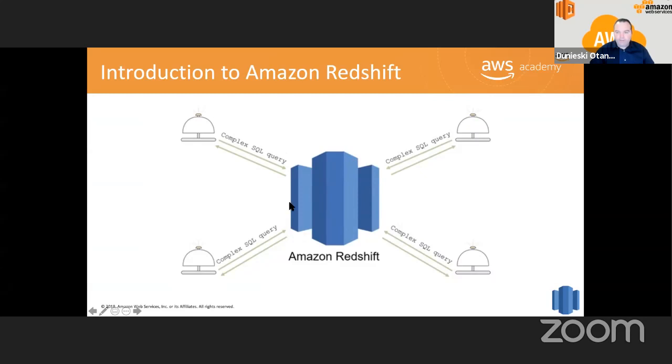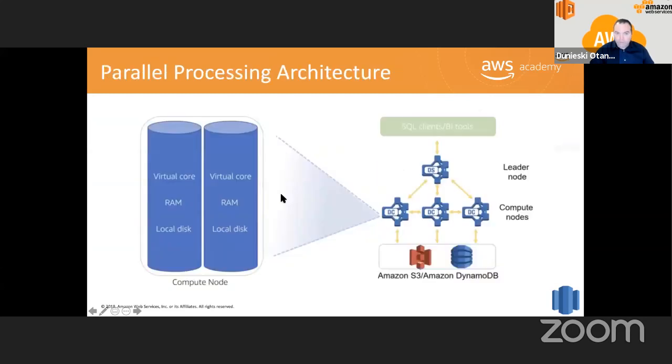Okay, so we have virtual cores here. It has an architecture with parallel processing, so you can process several queries at the same time. And it has a virtual core, RAM, and local disk. Okay, that's the compute node.